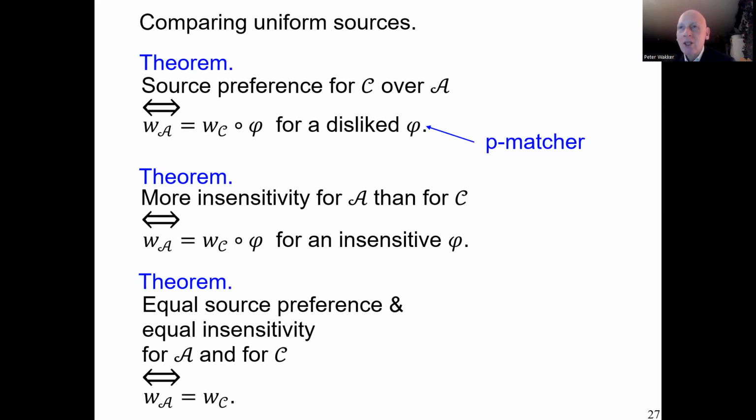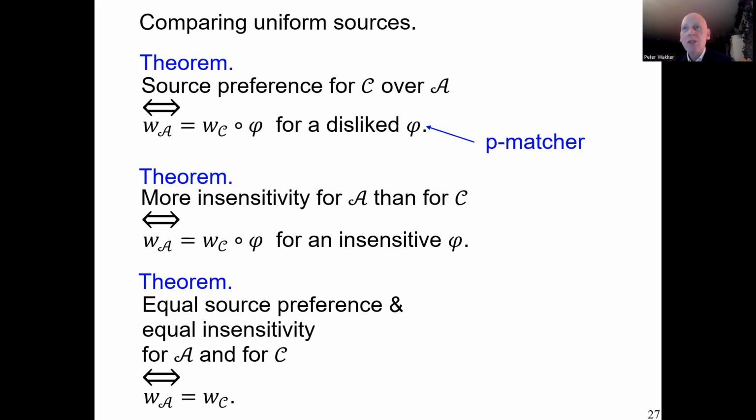And imagine that for a subjective neutral probability 0.5 of the ambiguous urn, gambling on that is equivalent to you to gambling with an objective probability 0.4. So then this p-matcher matches the ambiguous 0.5 probability into the unambiguous 0.4 probability. So that is capturing the ambiguity attitude.